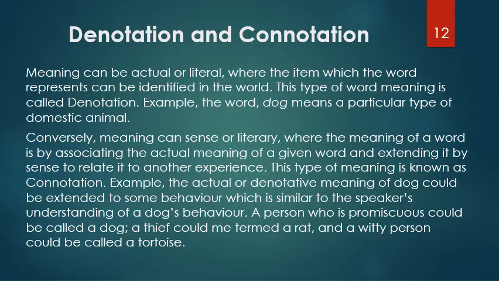The third example could be the word donkey, as we can see on our screen. A donkey, we all know, is an animal. But associating the word donkey with our experiences, if someone is called a donkey, we can simply regard that person as what? A workaholic.